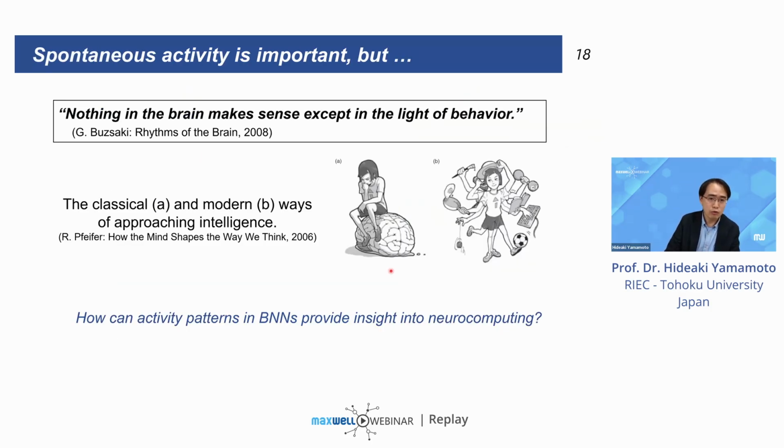So far, we've been looking at the spontaneous activity of the network, and spontaneous activity is an important portrait of information processing in the brain, but there's more to it in the brain. And as Dr. Buzsáki noted in his book, nothing in the brain makes sense except in the light of behavior.